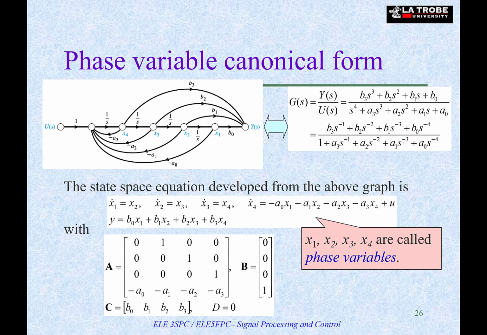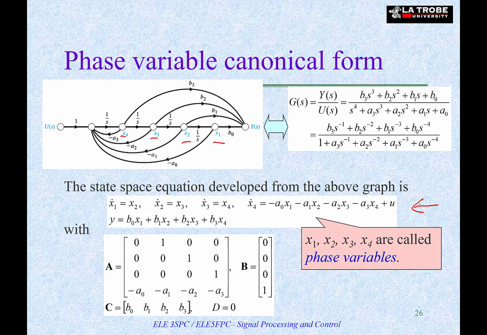We start labeling the state variables from the rightmost integrator, and we only label the output node of the integrator. And that is shown by this. After that, we can write the state equation and the output equation, and they are shown by this.